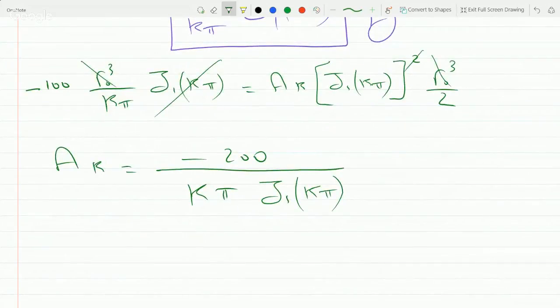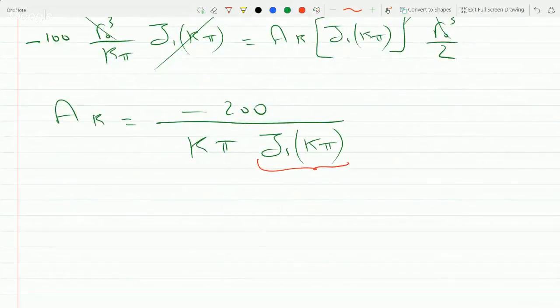Let's go ahead and figure out what j1 of k pi is. So we're going to again plug it into the equation that we used earlier, which is 17.4, page 596.